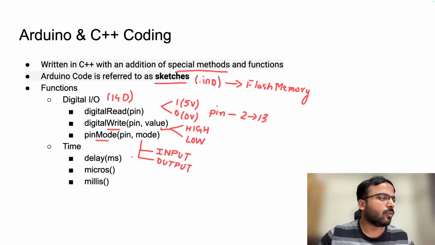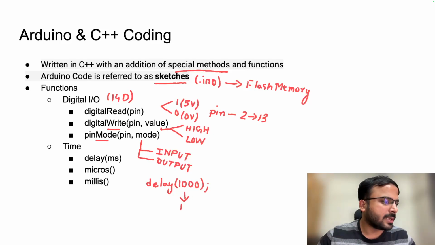Okay. Now if you want to insert certain delay, you can put delay, and this is in ms. For example, if you write delay 1000, it means that you are delaying ultimately 1 second.